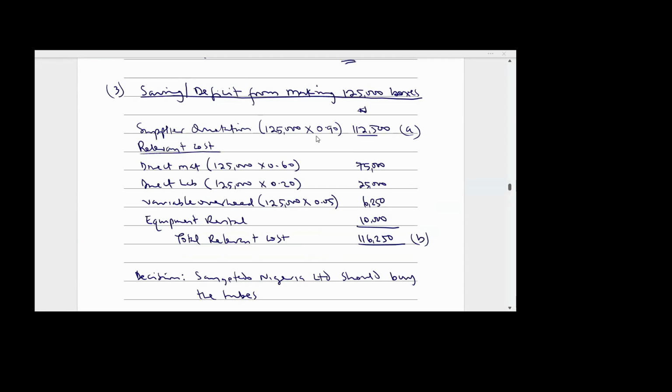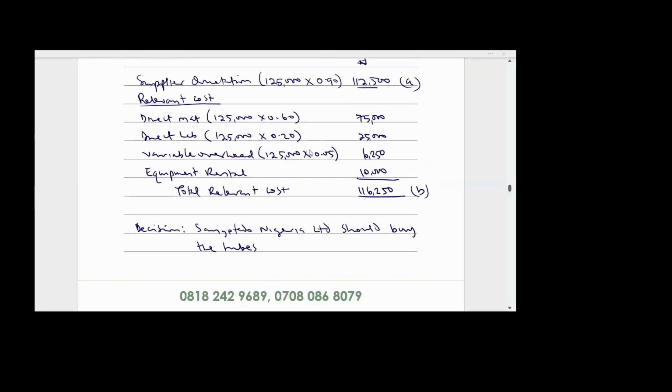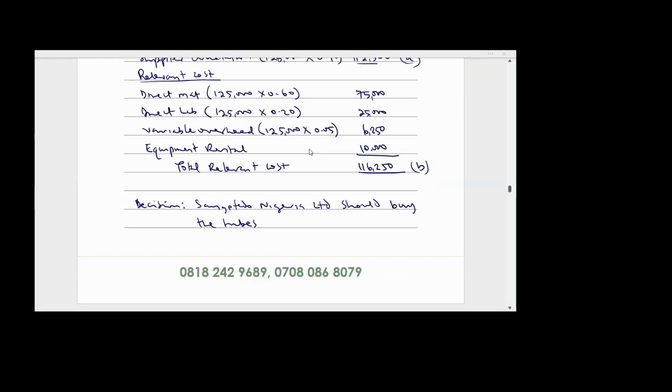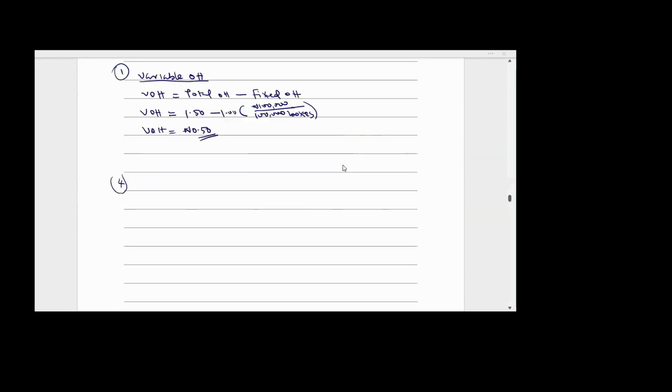Then the second option is for the company to buy entirely the 125,000 boxes at 112,500 naira. Then option 3, since it is cheaper to make 100,000 boxes at 85 kobo relative to the supplier's quotation of 90 kobo, the company should make 100,000 boxes. Then the balance of 25,000 should be bought from an outside supplier. So let's see how that will work out.